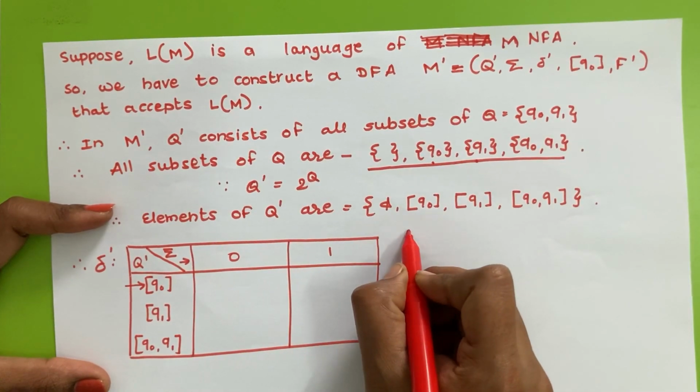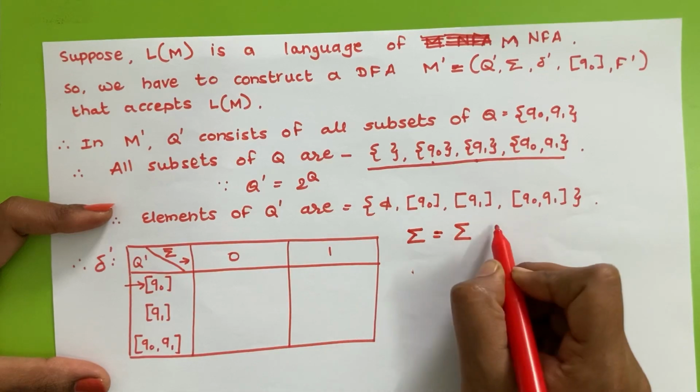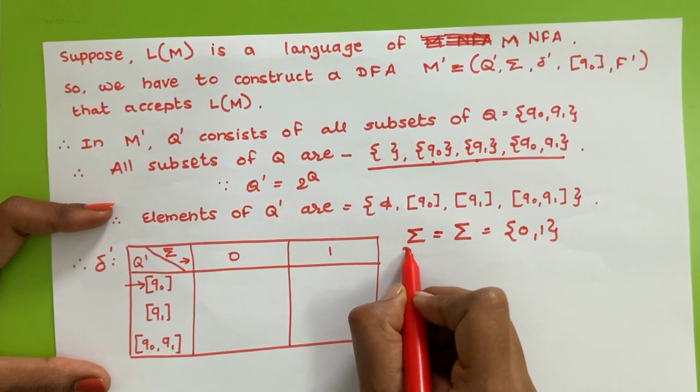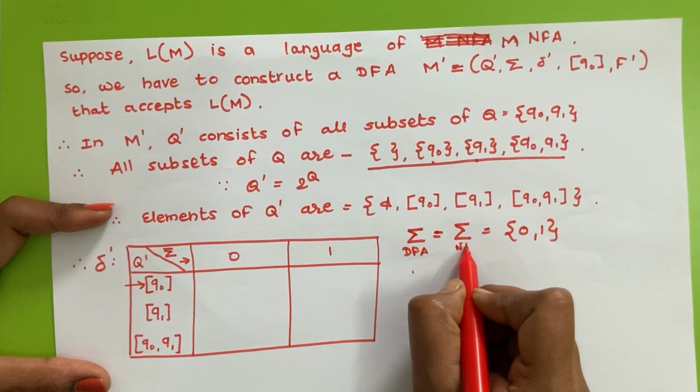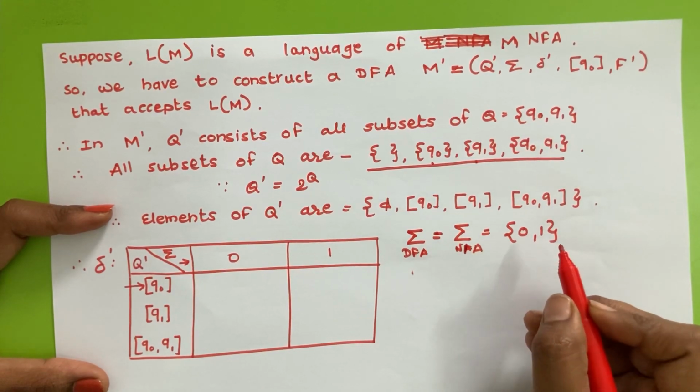Now sigma is the same as in the given NFA, which is 0, 1. This is for the DFA and this is for the NFA, so this will remain the same in both cases.